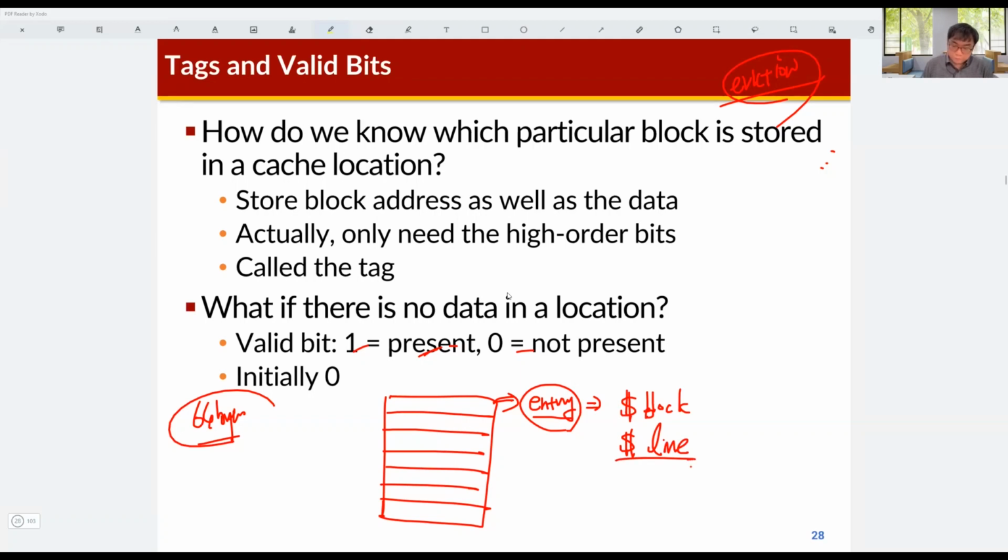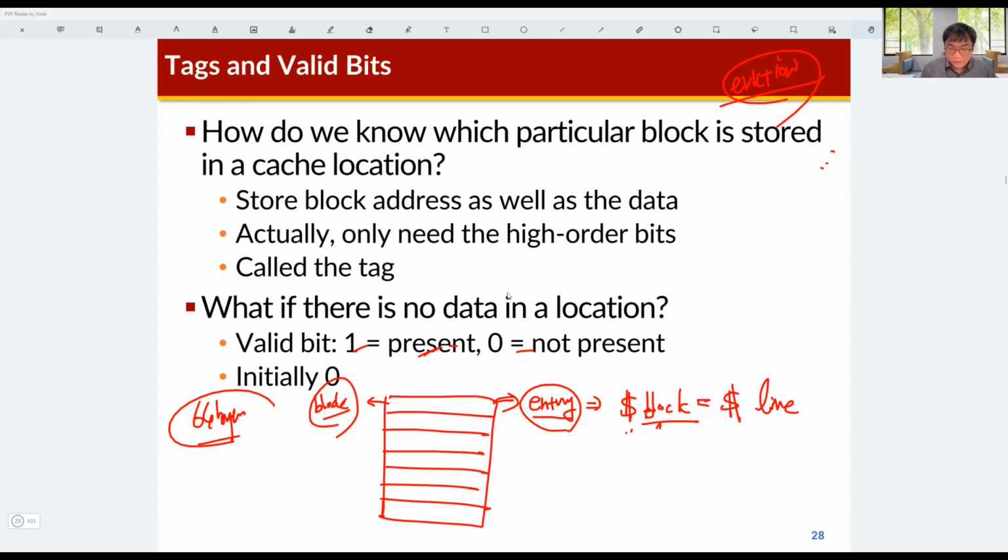Usually a cache block is equivalent to a cache line. So this single entry is called a block. I frequently use the terms cache block or cache line, so you need to understand that a cache block represents a single cache entry in a cache.